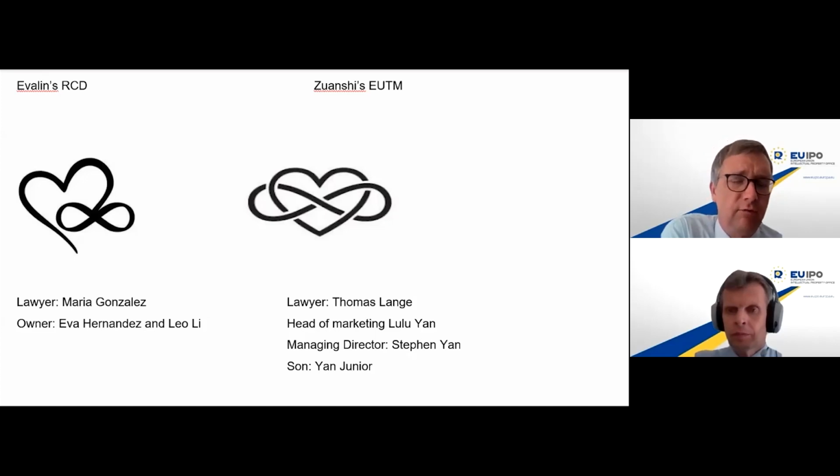Because here the advantage is, and we said this already in the morning, you can include all parallel disputes pending between the same parties in one mediation. So for example, in this case, it's pending at the Boards of Appeal, but had the parties parallel infringement proceedings, and we have that here, then we can offer the parties to include these infringement proceedings into the mediation.